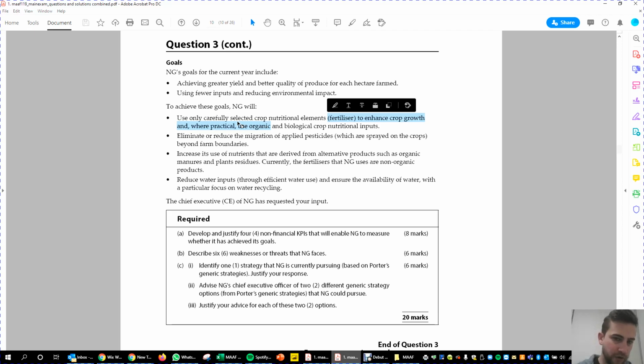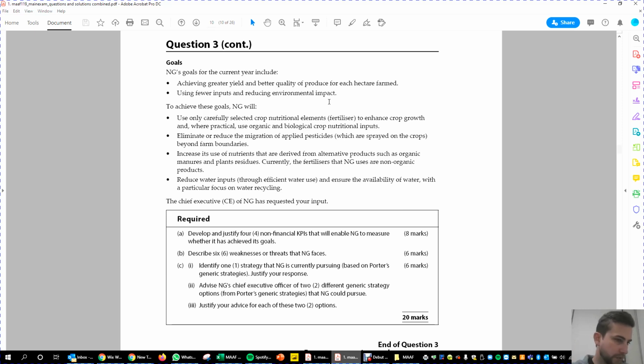So if they want to increase their percentage of organic fertilizer as a percentage of their total, one measure we could use is also percentage, because they're using a percentage. So we want to measure the percentage of nutrients that are organic as a percentage of the total measured within 1 year.